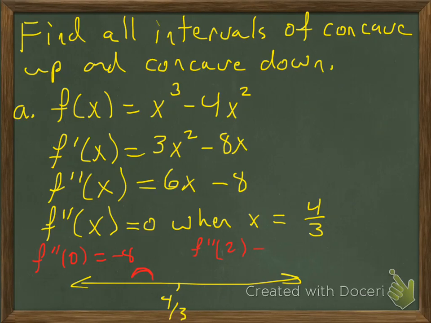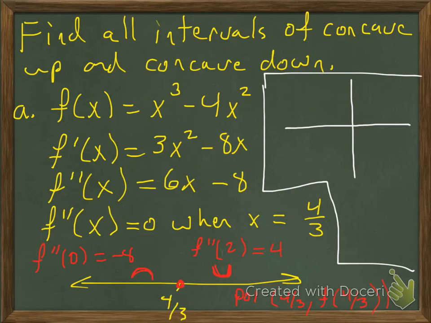F double prime of 2 will be 4, so we're going to have concave up. And you see that we changed concavity from concave down to concave up. If we change concavity, then we call that a point of inflection. So our point of inflection here is 4/3. And then we'll have to plug it into the original function. So I'll leave that to the viewer to figure that out.